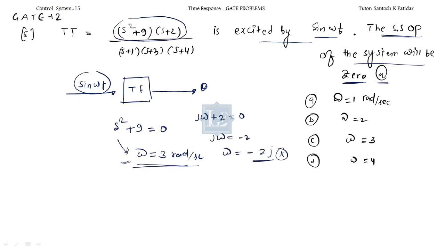Now why am I doing this directly? We have the standard formula: the transfer function is given, what will be the steady state output? I'll find the steady state output will be A sine omega t plus minus phi, where A I'll find out from the magnitude of this transfer function at this frequency.